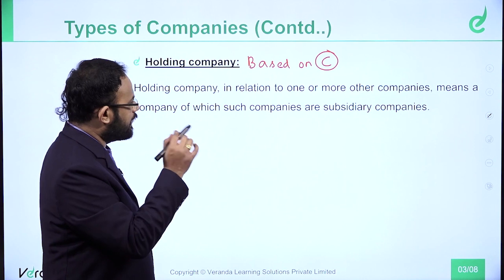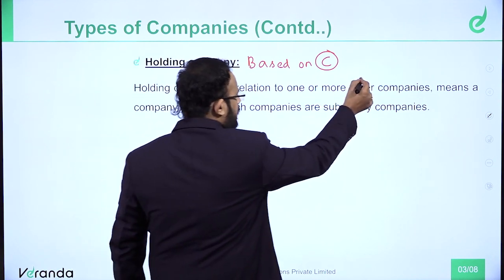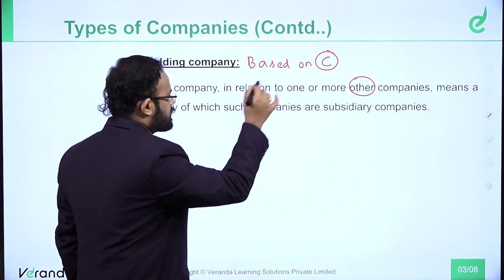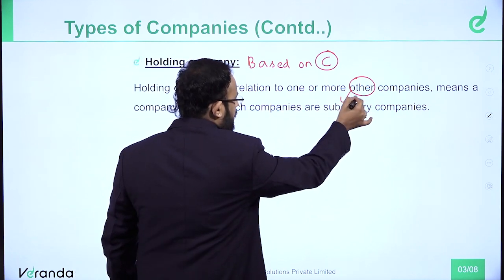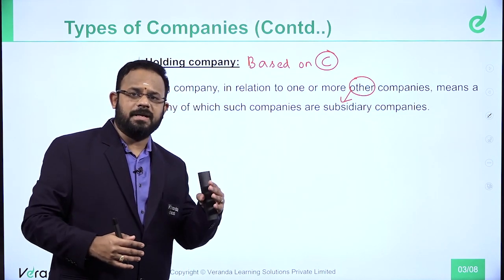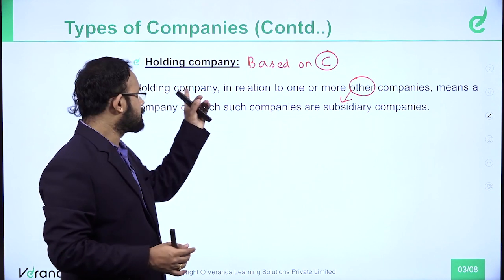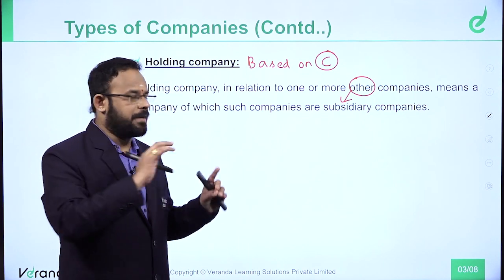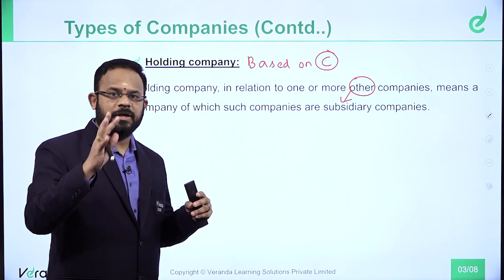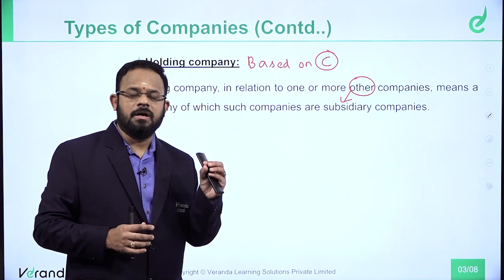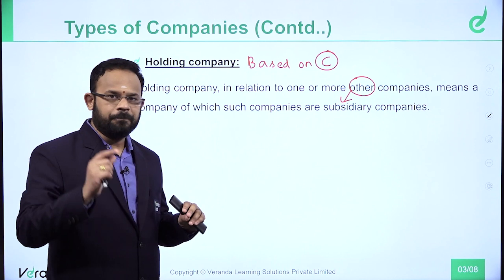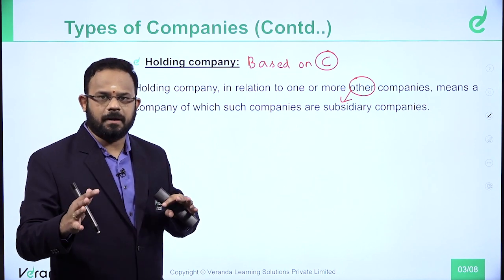Holding company in relation to one or more other companies means a company of which such companies are subsidiary companies. That means when there are subsidiary companies, the company that holds all of them is the holding company. We will always have this connection between holding and subsidiary company. In your accounts also, when you study consolidation of financial statements, CFS, you will have to remember holding company and subsidiary company connection.